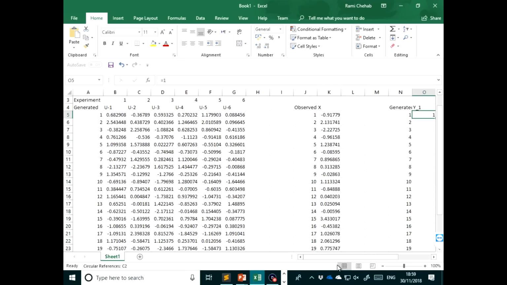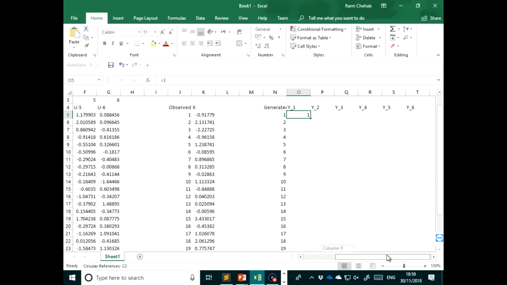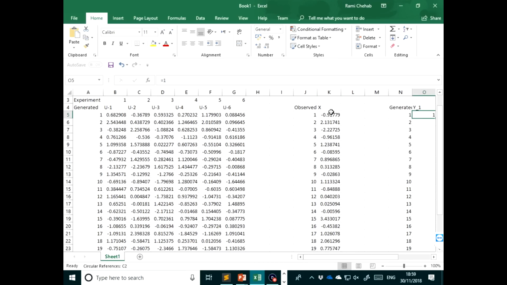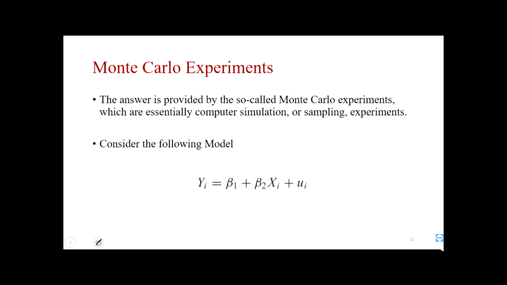Let's say we have observed these x variables, and we are looking at the y's. You can see that the y's are not constructed yet because they depend on the fixed regressors. For the sake of clarity, let's define beta 1 to be equal to 20.